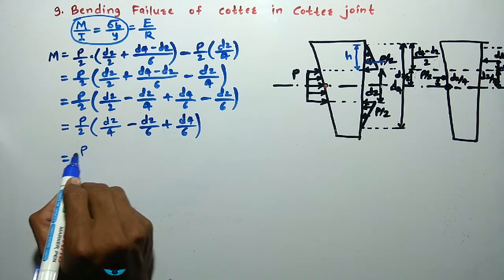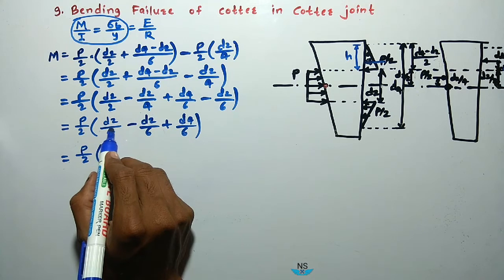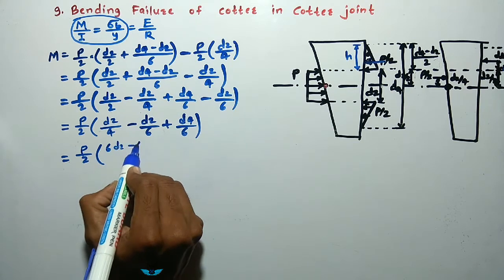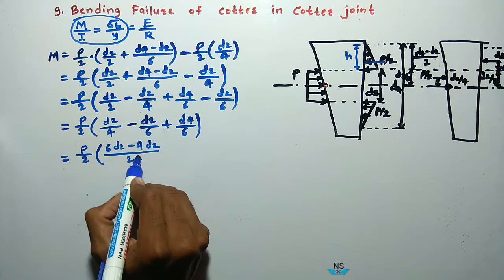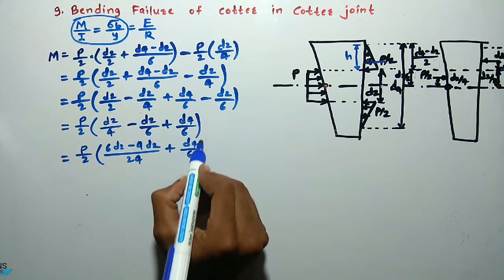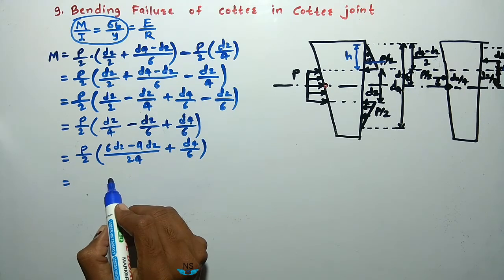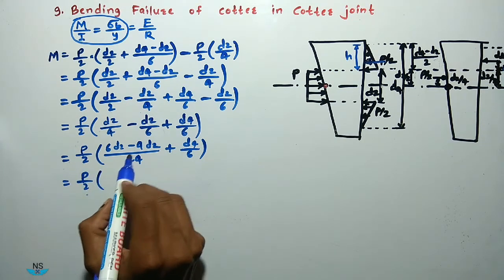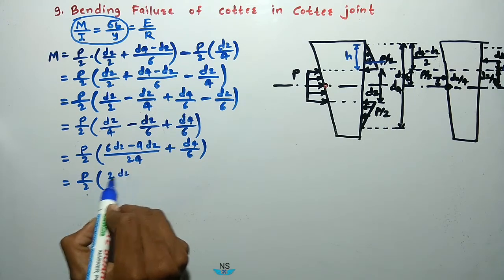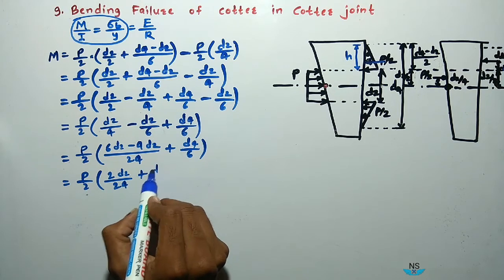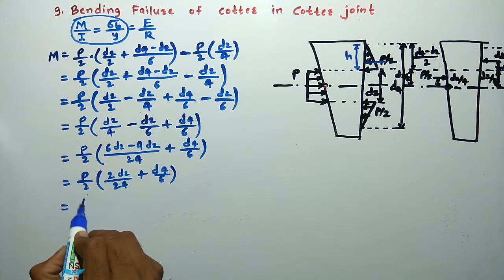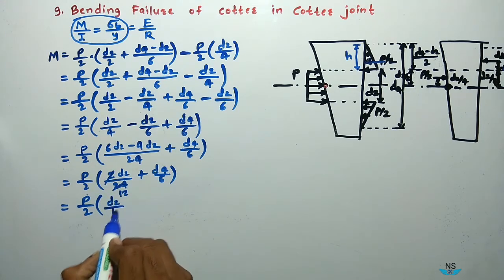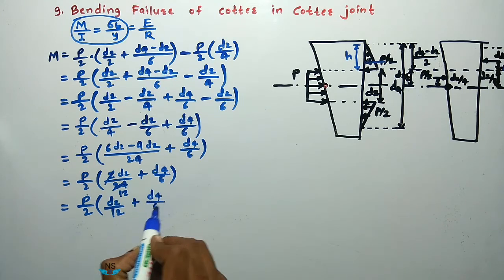That is equal to P by 2 into D2 by 4 minus D2 by 6, LCM of this is 6 into 4, 24. So (6 D2 minus 4 D2) divided by 24 plus D4 by 6, that is equal to P by 2 into bracket: 6 minus 4, 2 D2 divided by 24 plus D4 by 6. So that is equal to P by 2 into D2 by 12 plus D4 by 6.